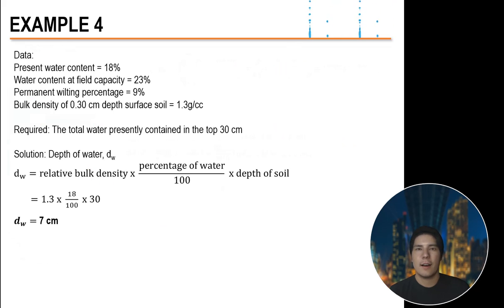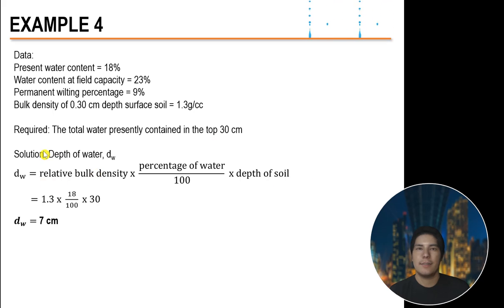Okay, so another example is the present water content. We have 18%, the water content at field capacity, which is 23%, the permanent wilting percentage, which is 9%, and the bulk density of the 30 cm depth surface soil is 1.3 grams per cc. The required is the total water presently contained in the top 30 cm.